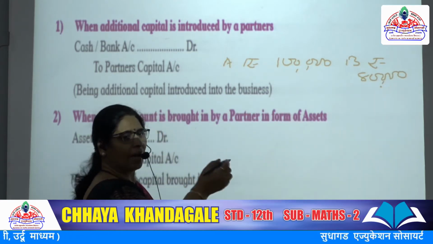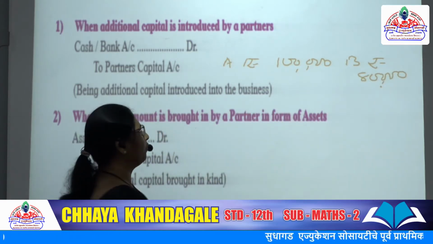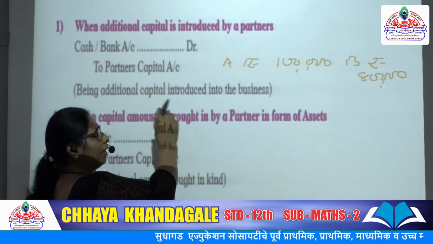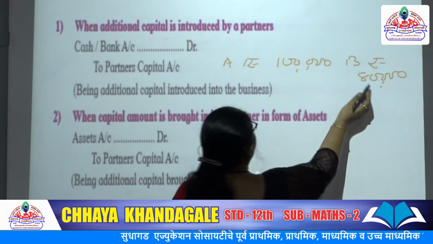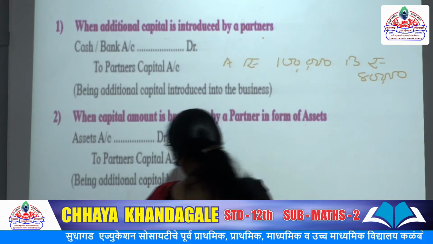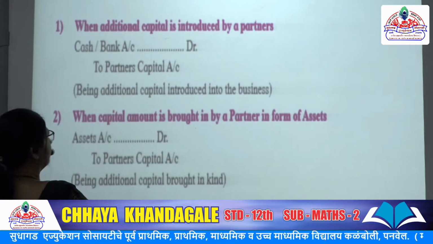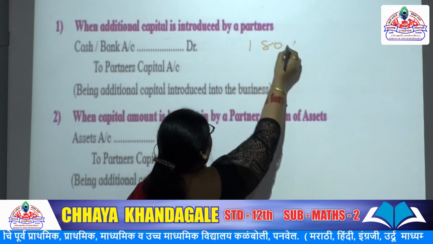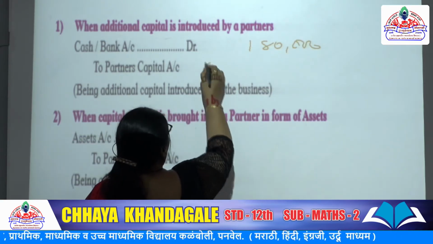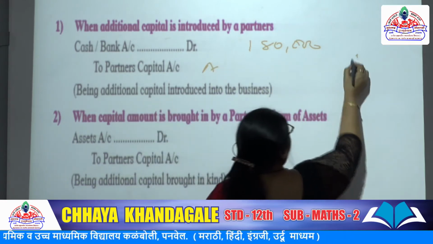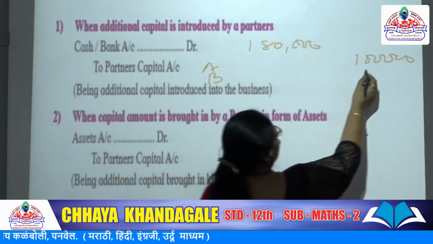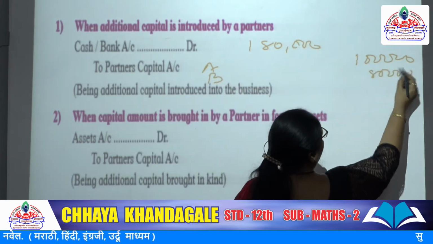Suppose this is the capital invested in the partnership firm. So what I am going to do? Cash or bank account debit, total of this 1,80,000. So I am going to write 1,80,000. Now A 1 lakh, B 80,000.